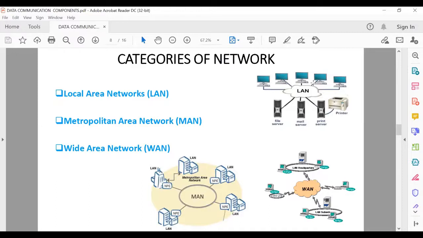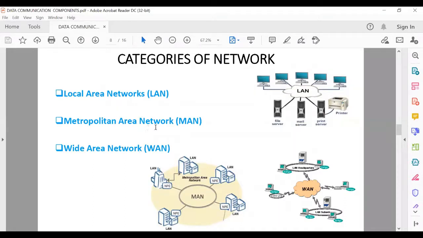Okay, but in case of metropolitan area network or MAN, in this type of network, it covers a large area like a city. So the size of this network generally lies between the local area network and the wide area network.